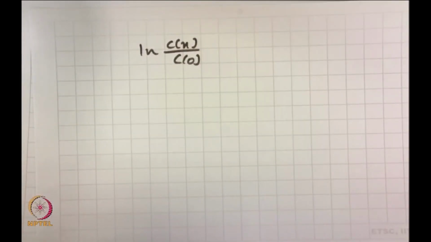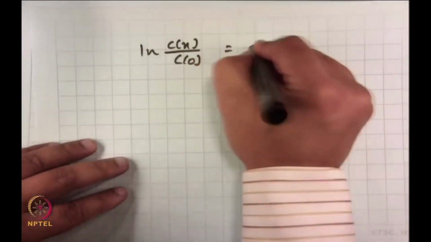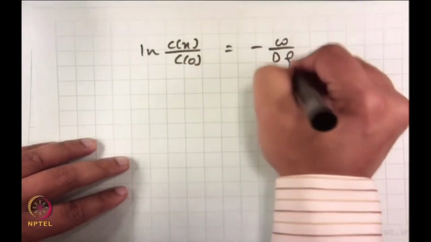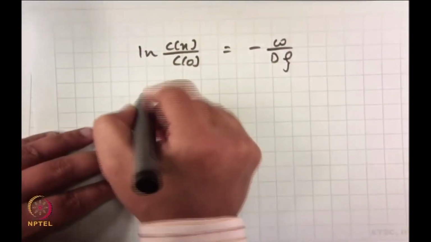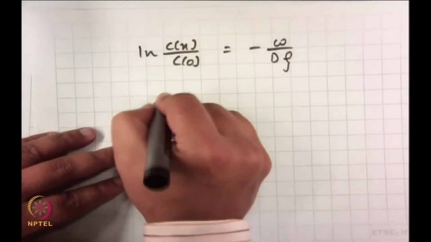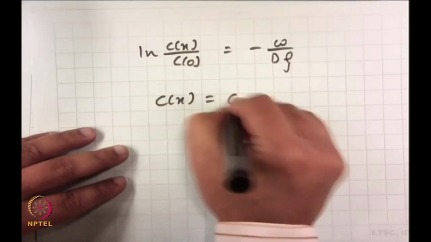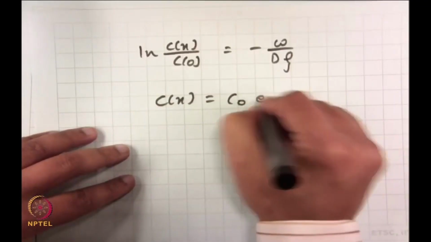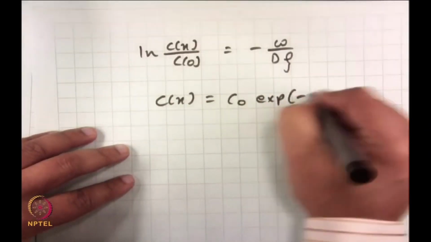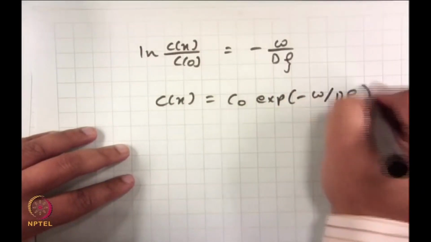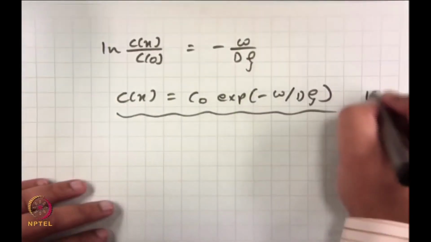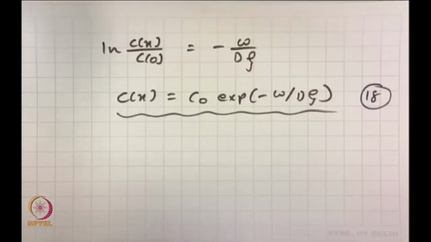X is equal to 0 to x is equal to x, that is the total distance these particles are travelling. This would be equal to minus W over d xi, or I can write C of x is equal to C 0 exponential minus W over d xi, and this would be equation number 18. Is the derivation clear to everybody?